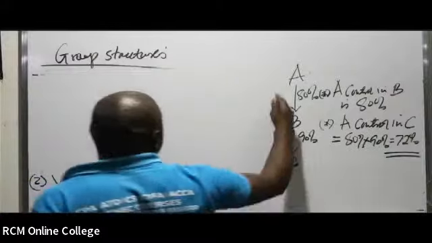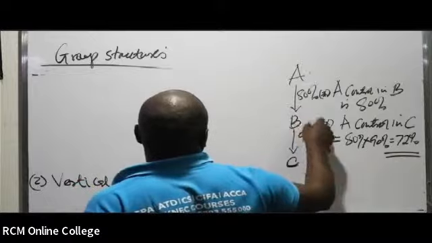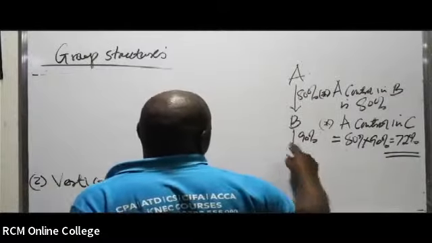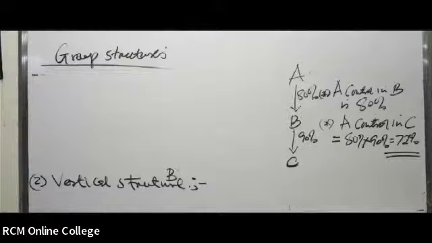So you can see this one indirectly still controls this one, by the fact that they already have an ownership stake here. How do you get the control? This times this gets 72%.